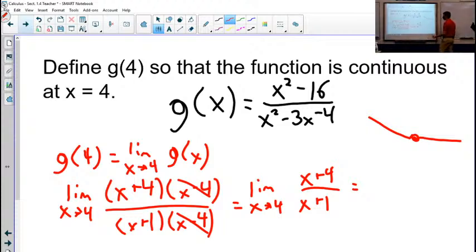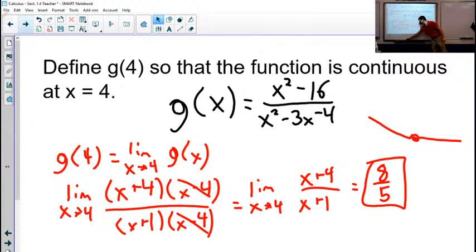Now we can plug in 4. Remember, keep the limit notation until you plug in the number. Then you can take it away. 4 plus 4 is 8, 4 plus 1 is 5. That means we want g of 4 to be 8 over 5.